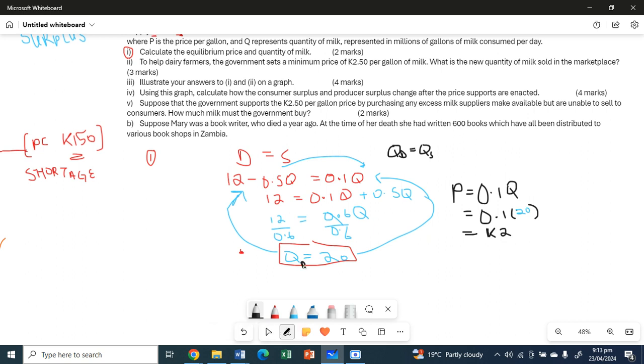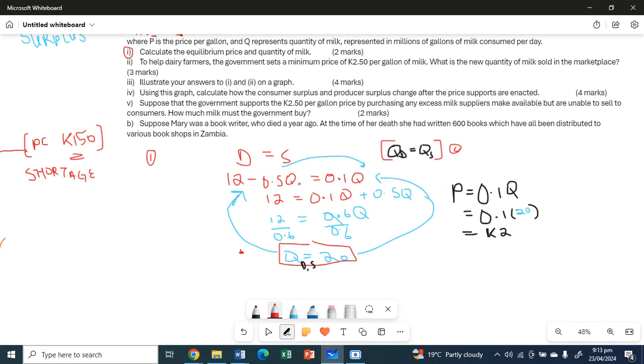QD and QS equal 20, because at equilibrium, QD equals QS. At equilibrium, the quantity demanded is equal to the quantity supplied.